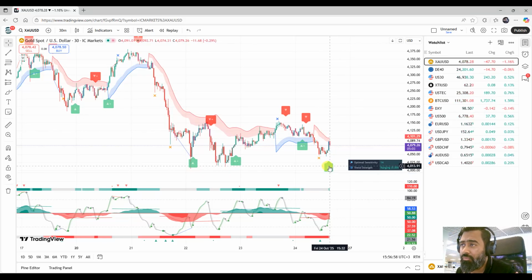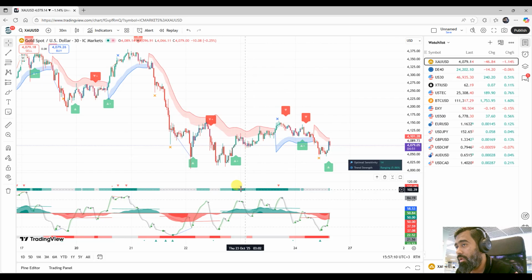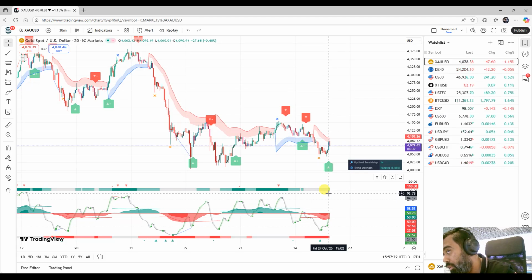For the first confirmation, we should get a buy signal, which should be a green arrow. The second thing we should see is the volume bar over here. It should start turning green. Not dark green, but it should start turning green, or it should already be green, or dark green.